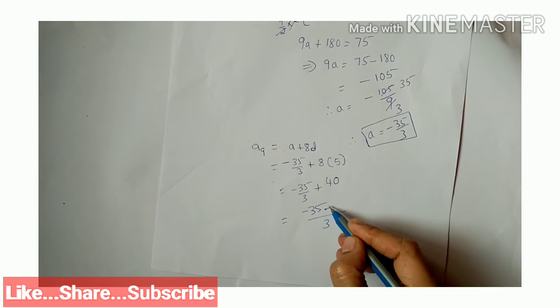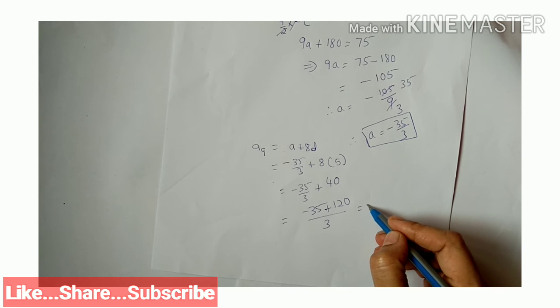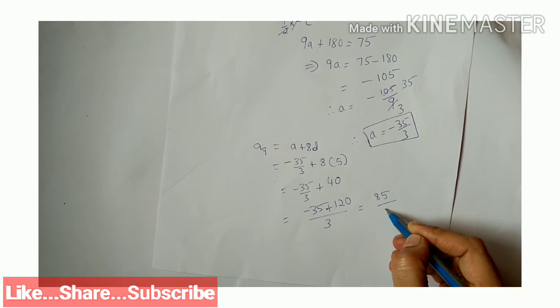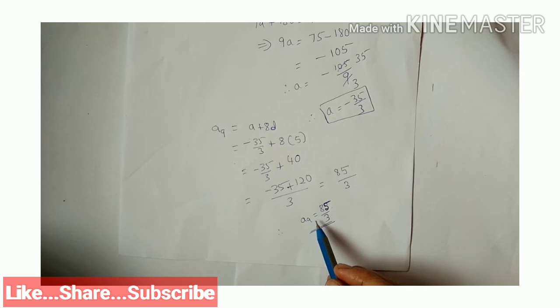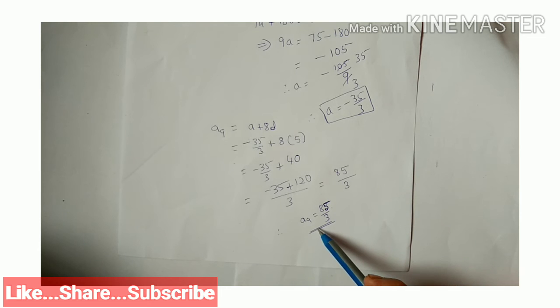Minus 35 plus 120 is equal to 85 by 3. A9 is equal to 85 by 3, a is minus 35 by 3, A9 is 85 by 3. Next example.